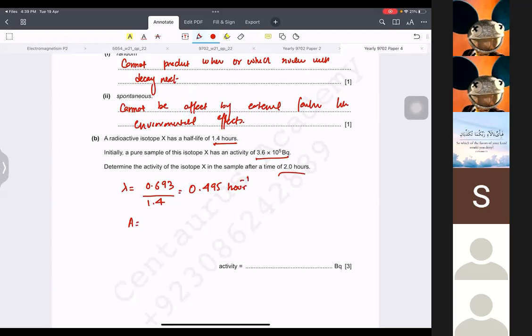Then you use A equals A naught e to the minus lambda t. A naught is 3.6 times 10 to the power 5, times e to the minus 0.495 times 2 per hour. So the activity will be 1.3 times 10 to the power 5.